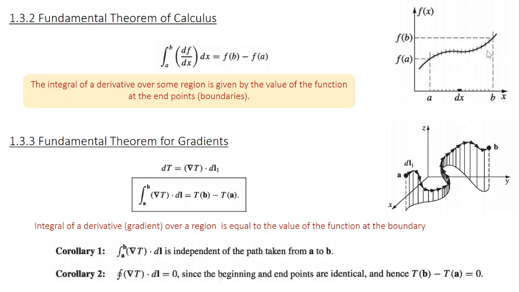Similarly, for each interval you calculate the corresponding change in function, and you take the sum of all these changes. This gives you the total change in the function, which is nothing but a final value f of b minus the initial value f of a. So the fundamental theorem states that the integral of a derivative over some region is given by the value of the function at the endpoints or the boundaries.